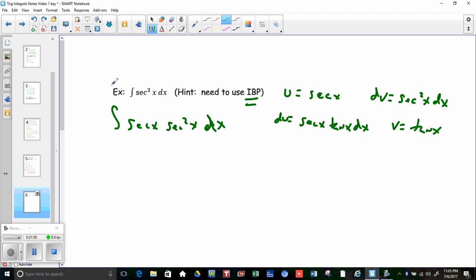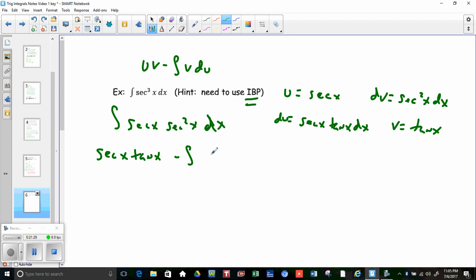All right, integration by parts. If you guys remember the formula, it's uv minus the integral of v du. So uv, secant x tangent x, minus the integral of v, which is tangent x, times du, which is this.